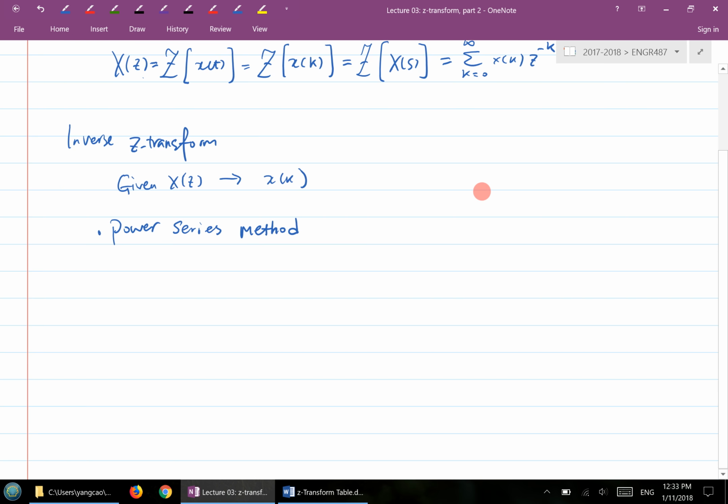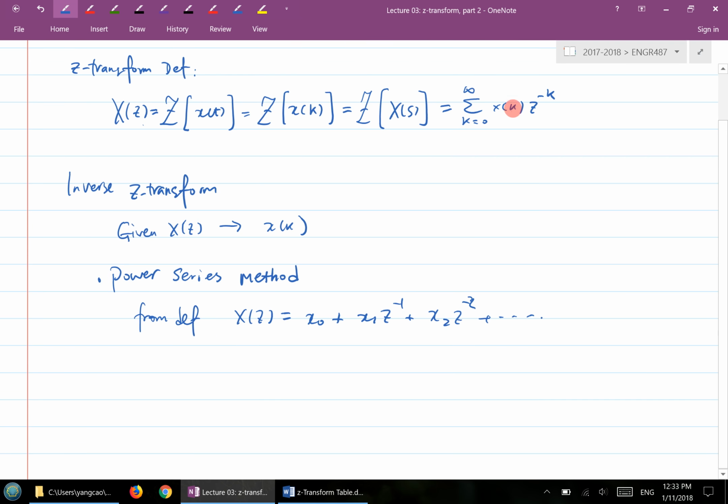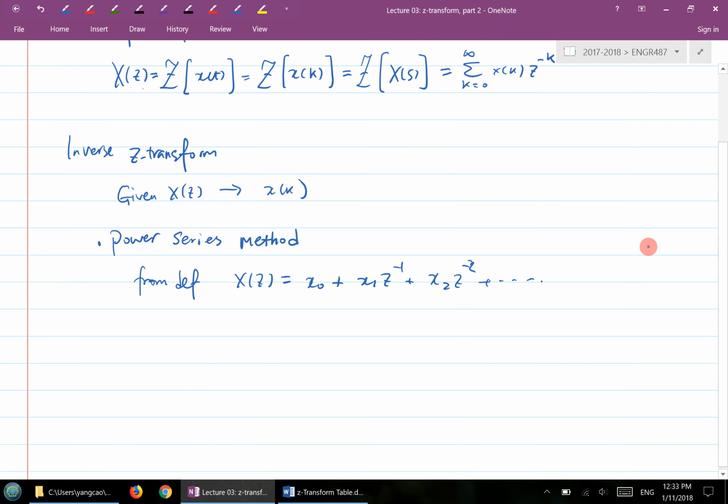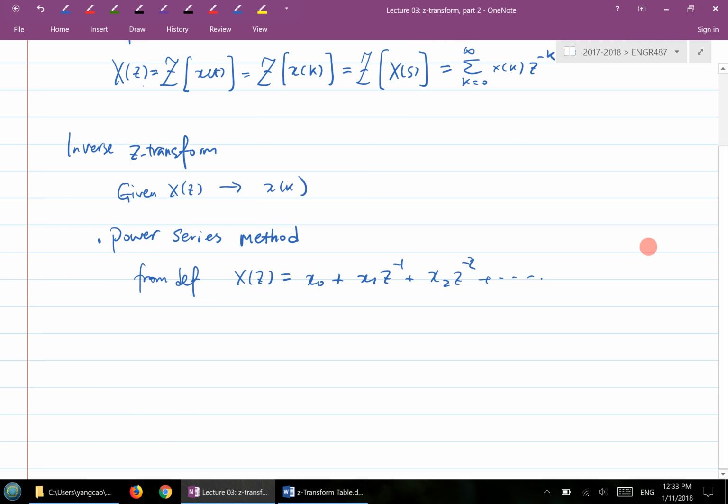If you look at the definition, x of z equals x0 plus x1 z to the power -1 plus x2 z to the power -2, and then keep going. If you expand this power series, this is your definition. This is basically what x of z is.